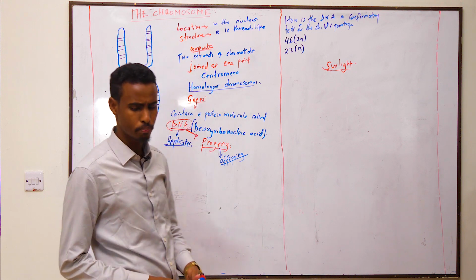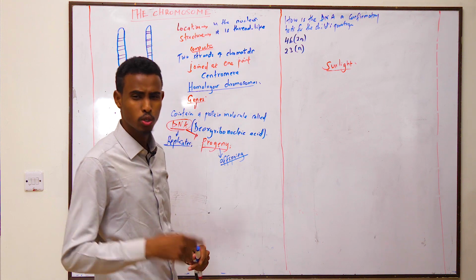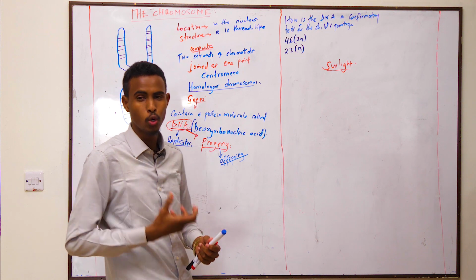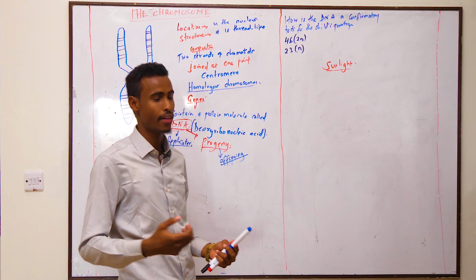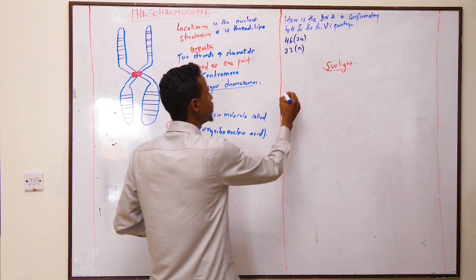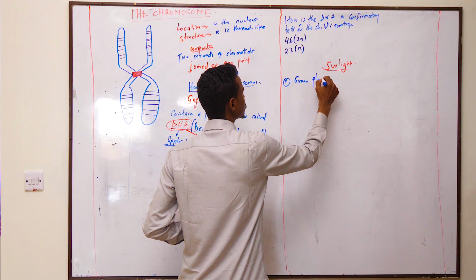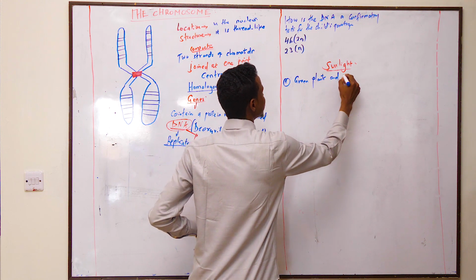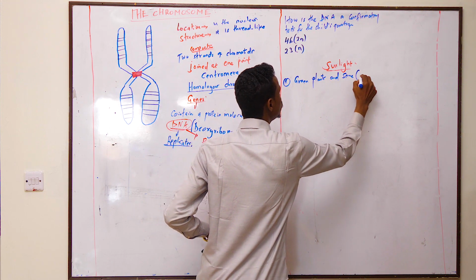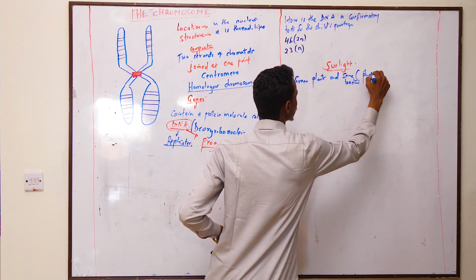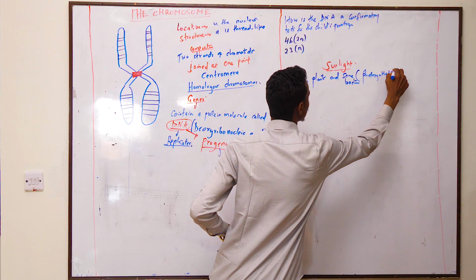Let's look at this. How is the sunlight beneficial to this world? What we know is that the primary producers of food in the ecosystem are the green plants, and some bacteria, e.g. the photosynthetic algae.